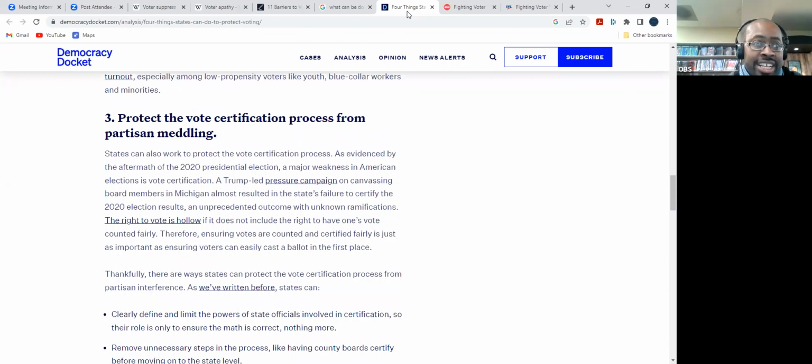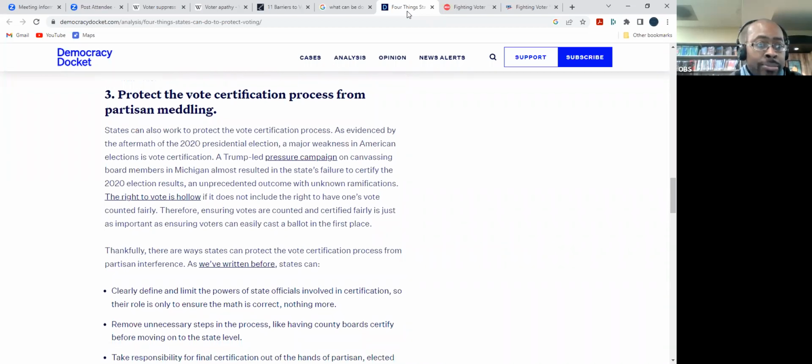Number three, protect the vote certification process from partisan meddling. And that includes both the Democrat and Republican Party. I just want to throw that out there. States can also work to protect the vote certification process, as evidenced by the aftermath of the 2020 presidential election. A major weakness in American elections is vote certification.